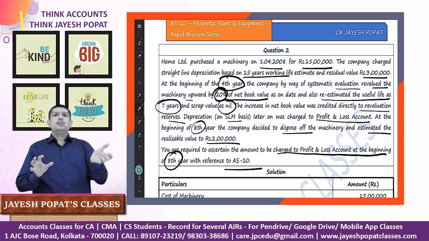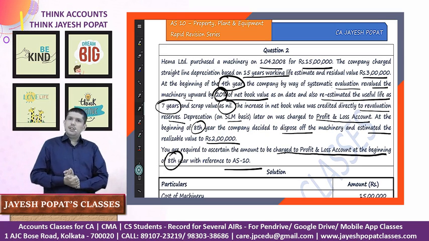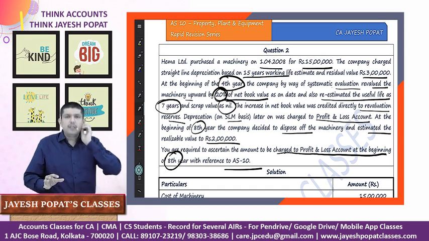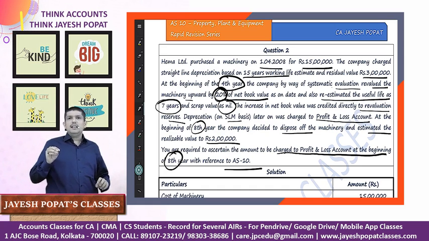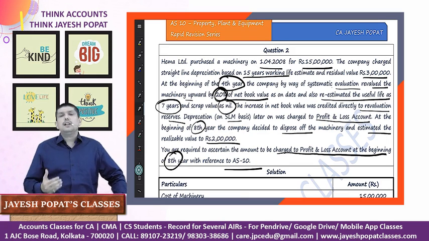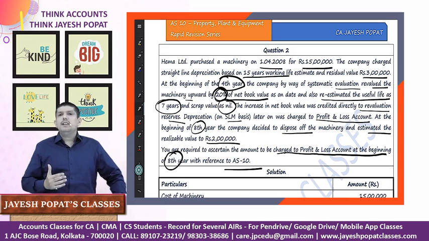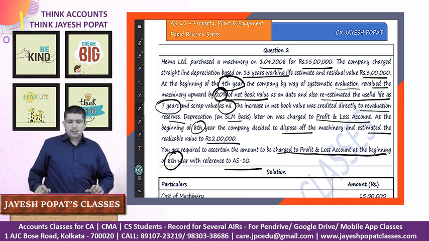You have already used it for 3 years. 7 minus 3, now the remaining useful life is 4 years. So it's not clear from the question as to whether they are saying that the total useful life has become 7 years or the remaining useful life of this machine after using it till 3 years is 7 years. So we'll look at it from both perspectives.